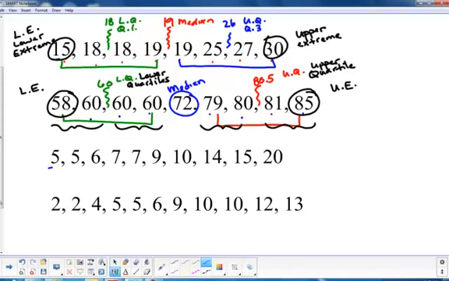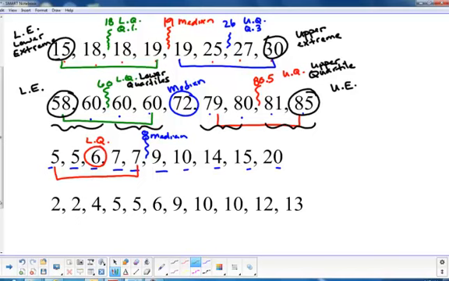Okay, for the next, counting to the middle. So we're going to average this again. 8 is our median. And our lower quartile now is directly at 6.